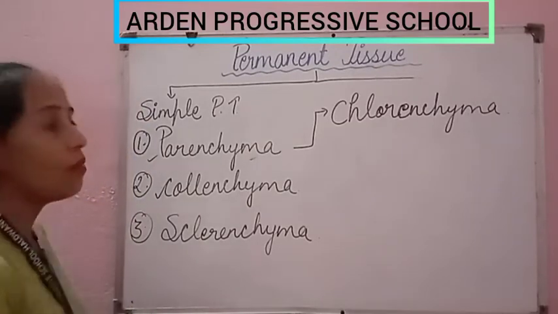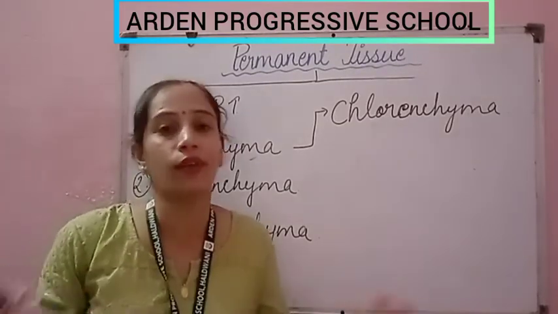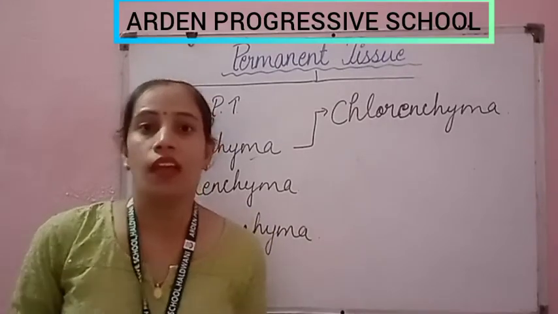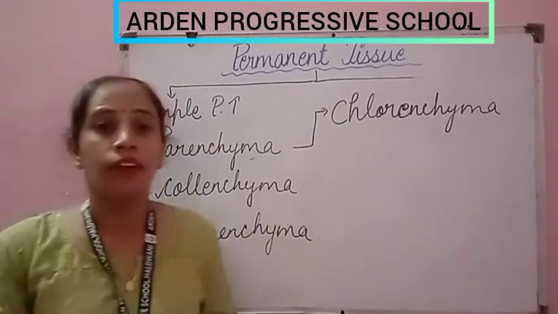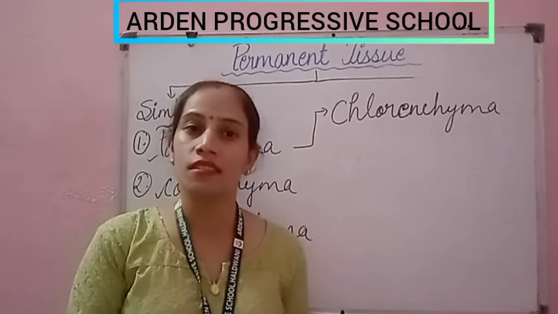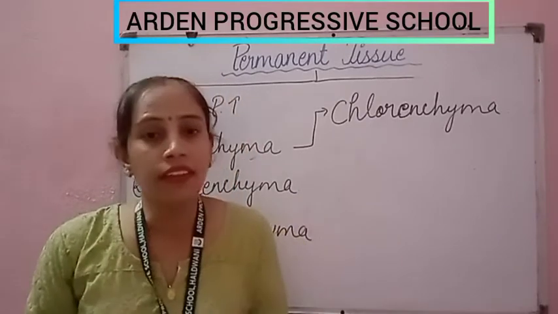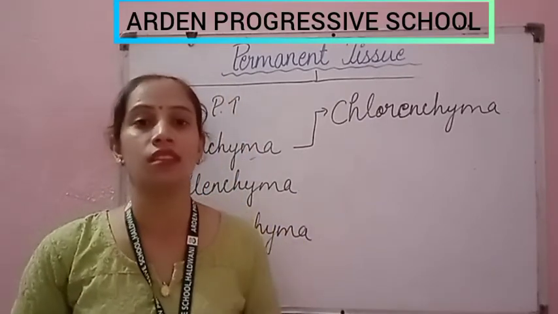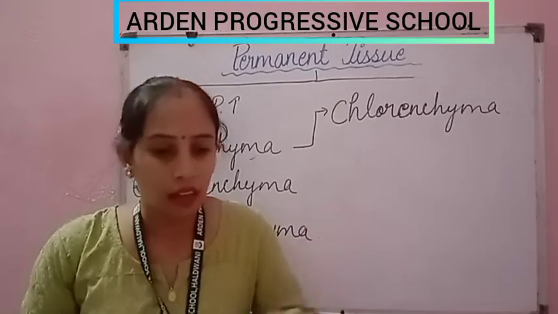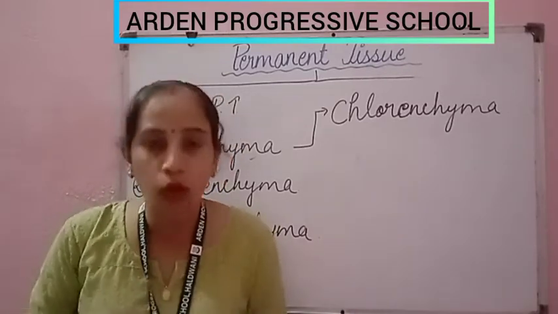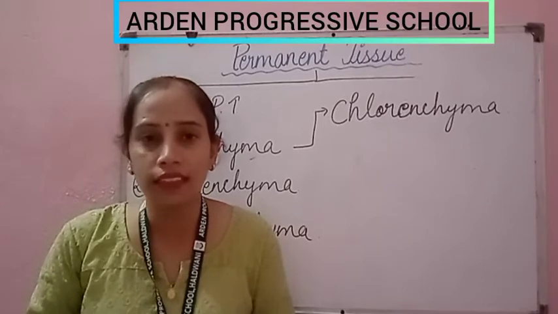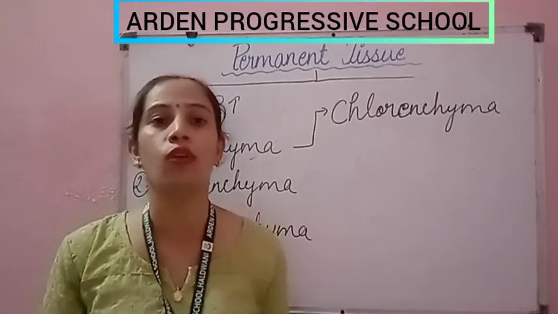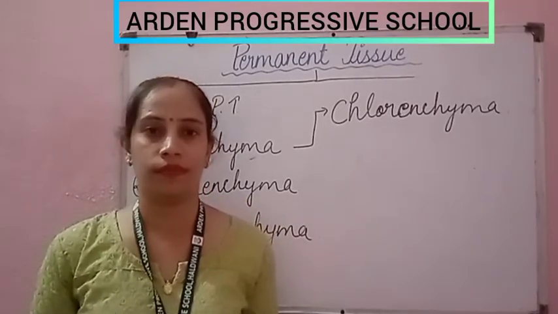And in aquatic plants, the parenchyma have large air cavities to maintain the buoyancy, so the plant can easily float in the water. Clear?